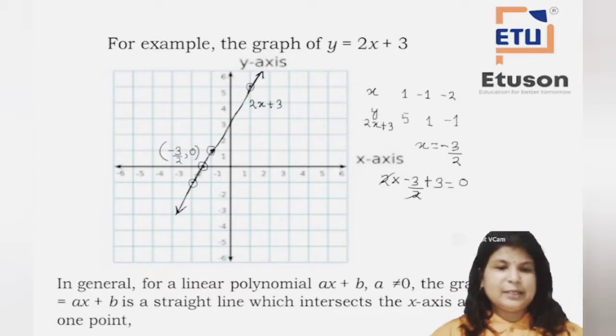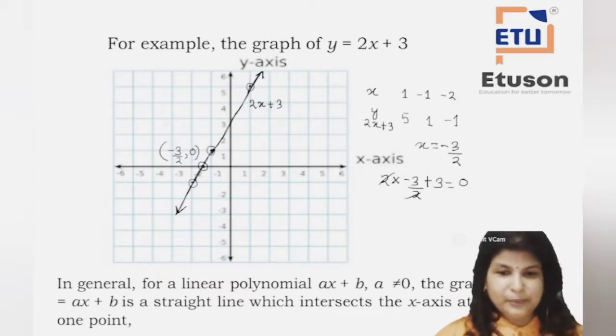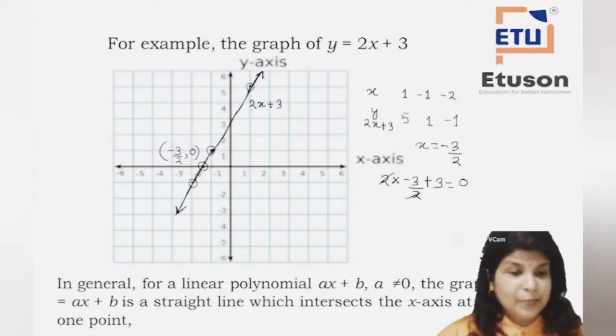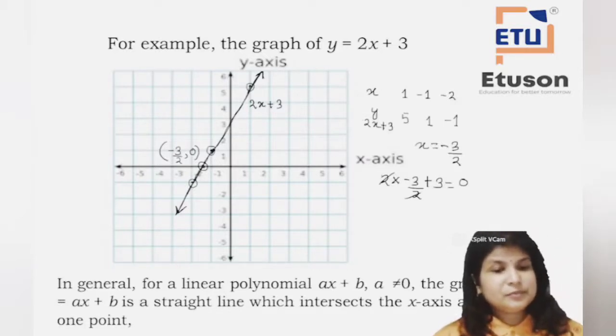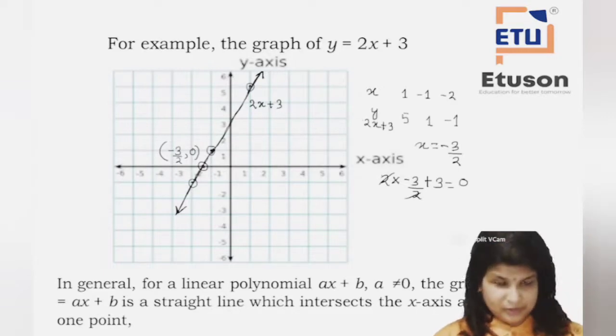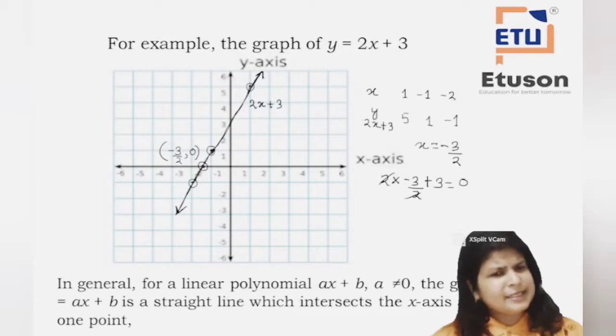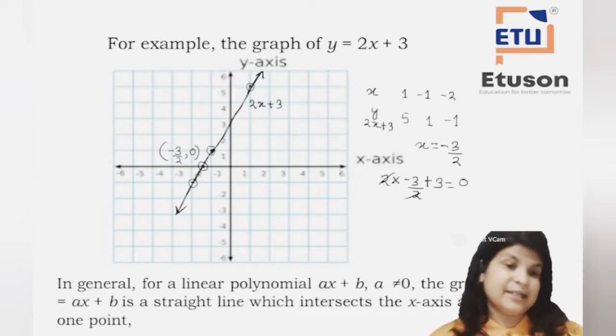So in general, for a linear polynomial ax plus b, where a is not equal to 0, the graph of y is a straight line. Here in this case also it looks like a straight line, right? It is a straight line which intersects the x-axis at exactly one point.